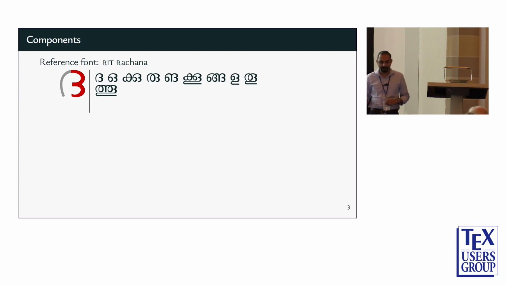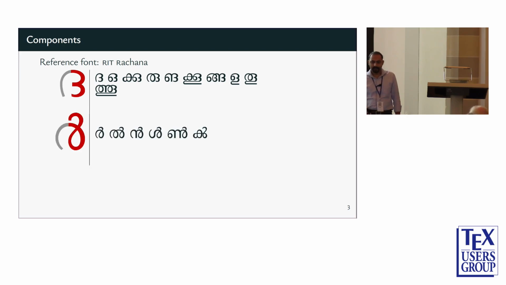An example here is the right part of the character, which repeats in a number of glyphs. Another example is R, that repeats, the right side repeats in a number of what are called chillu characters in Malayalam. These are like pure consonants without the inherent vowel sign.